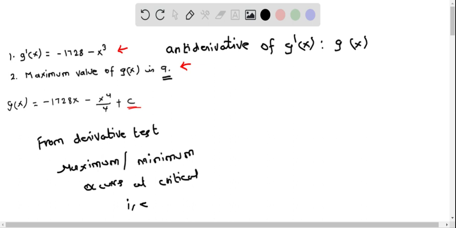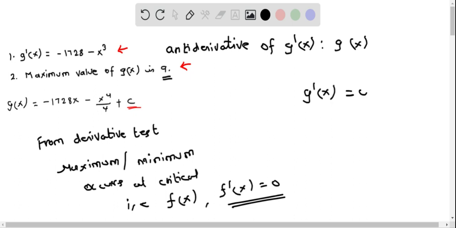That is, suppose I have the function f of x, the critical point is the value of x at which its derivative is equal to 0. So for our function g of x, the critical point occurs at g prime of x equal to 0. So basically we set this equal to 0, and from this we find the value of x, which is nothing but the critical point.